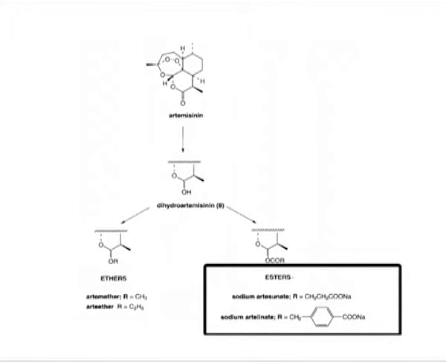The ester derivative, the succinate ester of dihydroartemisinin, that is artesunate, was prepared to overcome the problem associated with arteether, that is, to develop a water soluble derivative which can be injected intravenously.